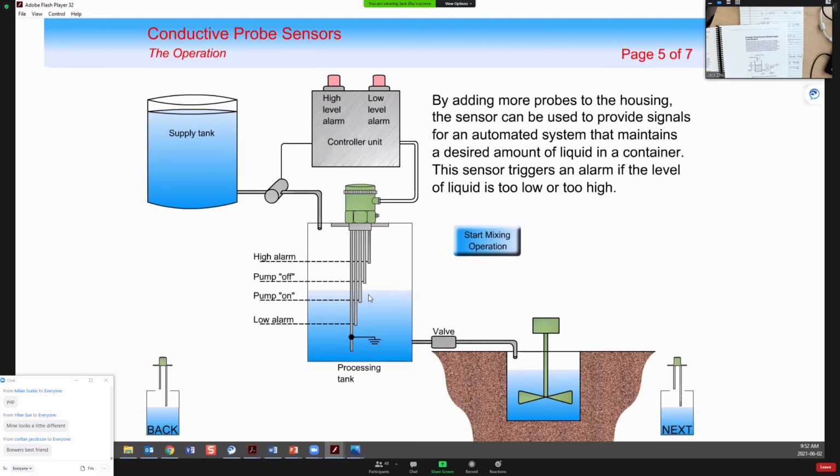They could have multiple probes down there. For the lower alarm, if the liquid level is below that, they will give you an alarm because it's too low. You can use this to control the pump turning on or off. And if the liquid level is too high, you also don't want it to go too high.